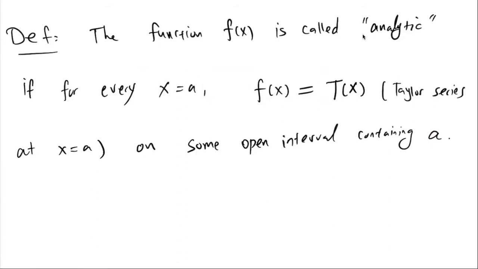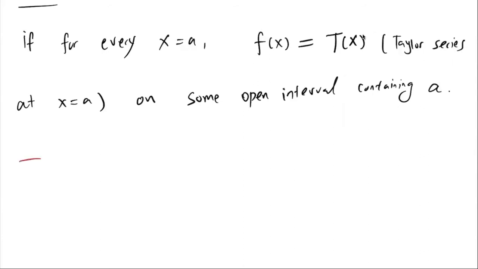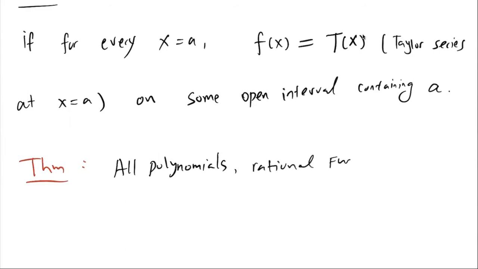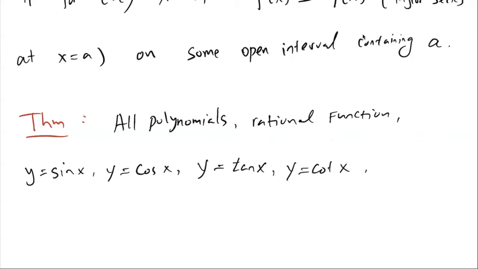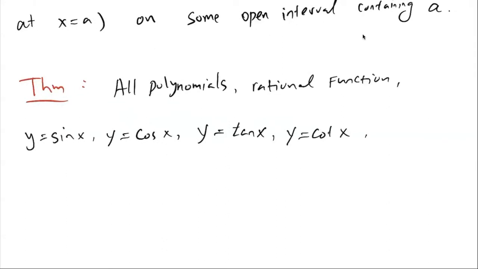So we can say that, theorem: all polynomials, rational functions, and y equals sine x, y equals cos x, y equals tan x, y equals cot x, and y equals e to the x, y equals ln x.